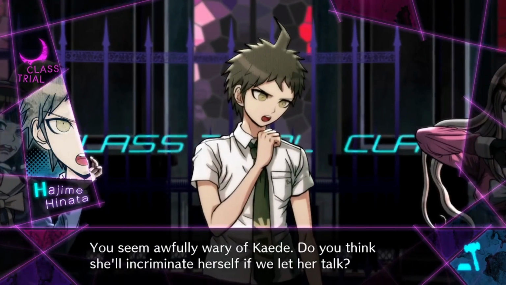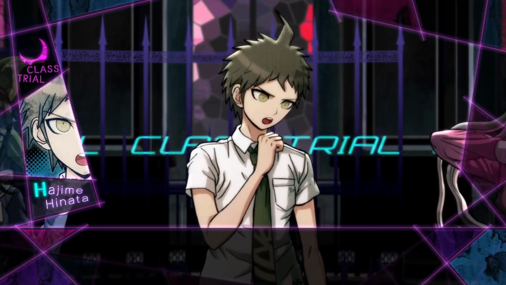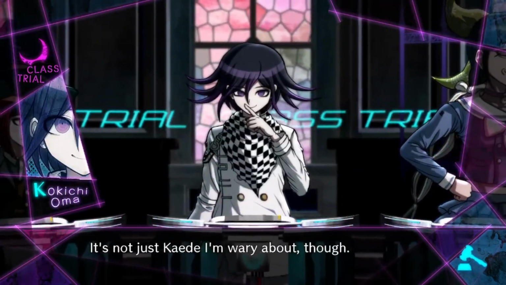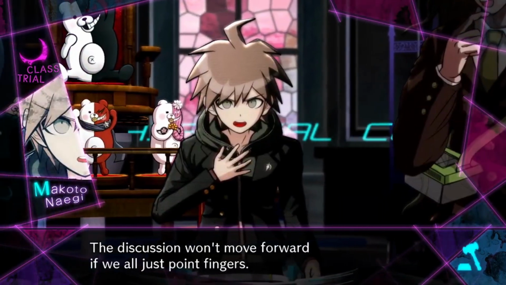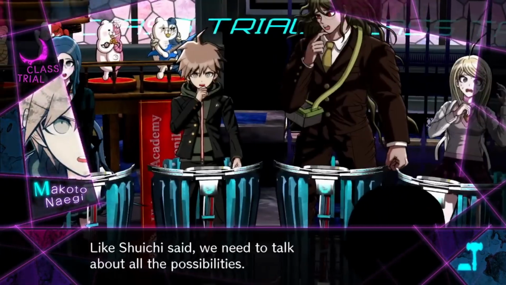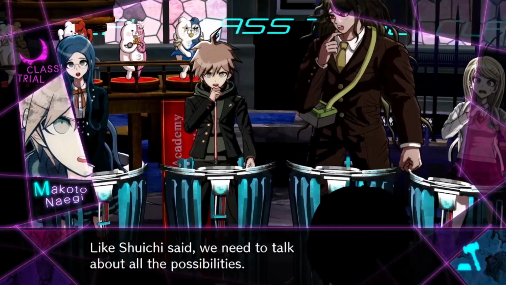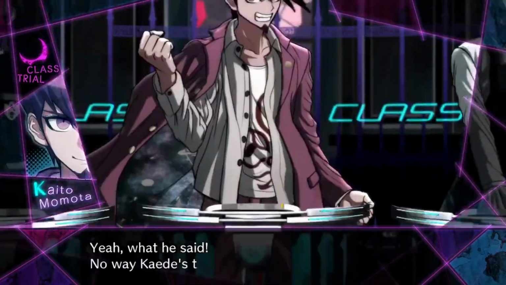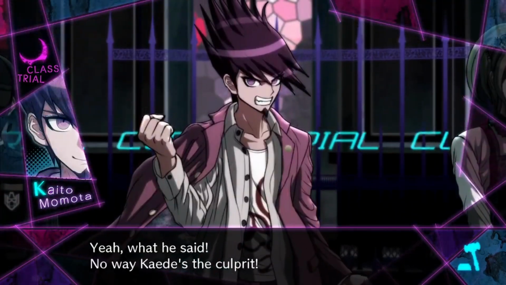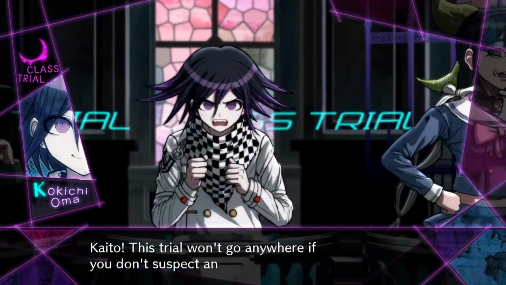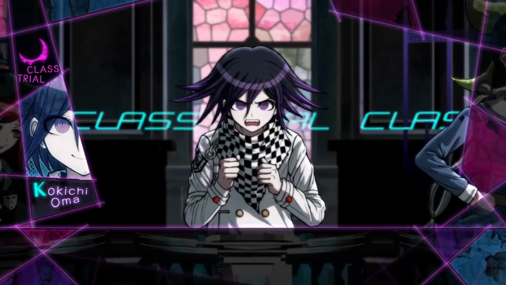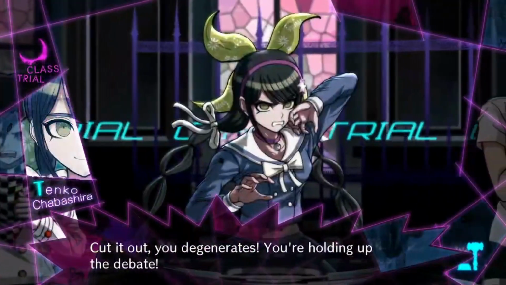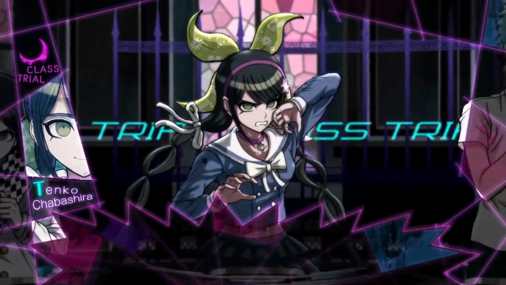You think she'll incriminate herself if we let her talk? It's not just Kaede I'm wary about. The discussion won't move forward if we all just point fingers. Like Shuichi said, we need to talk about all the possibilities. Yeah, what he said. No way Kaede's the culprit. Kaito, this trial won't go anywhere if you don't suspect anyone. Cut it out, you degenerates! You're holding up the debate! I have no idea what's going on anymore.